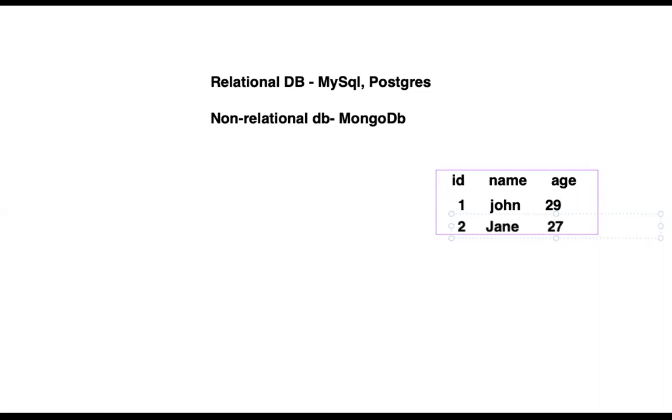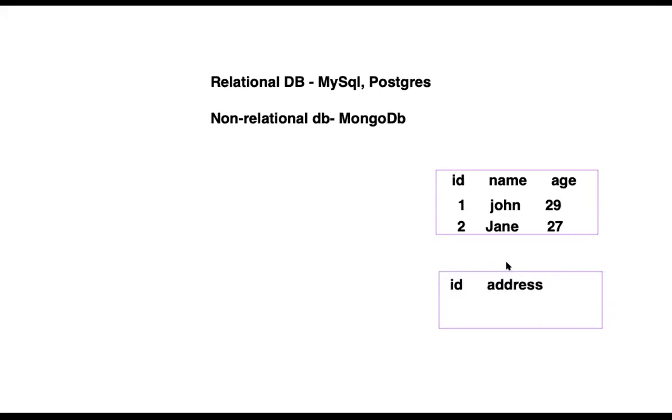Okay. So this is a table format. And now we have another table which says occupation, let's say. So where is John working, or where the person is working, something like that. So we will have again an ID for this one, company, or let's say location, address. So we have these two things.